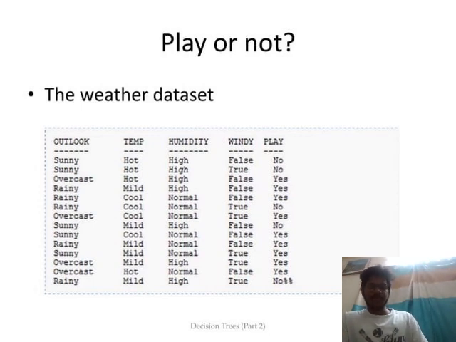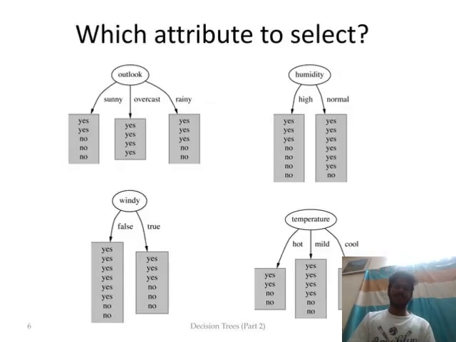Let's draw the decision tree for this. And which attribute to select? Firstly, we are taking outlook, which has sunny, overcast, and rainy. And there are some points given there, yes or no, using the play. And for humidity, there are two types, high and normal.